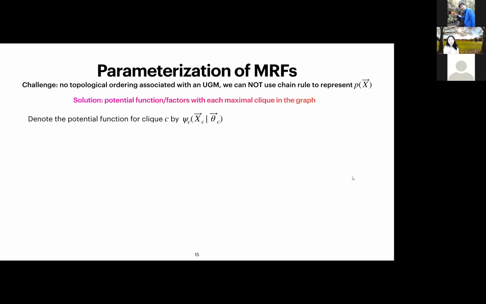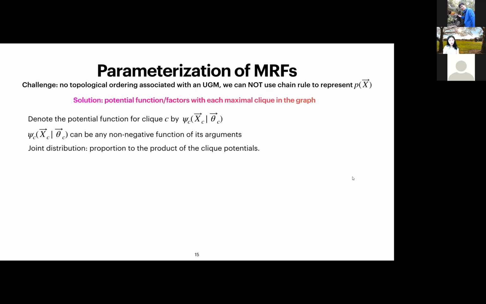So psi c of x c conditioned on theta c. Okay, so this is for a clique c. Now the psi c can be any non-negative function of its arguments. So it's a function with respect to theta c, but it's trying to characterize some kind of potential for these x c. So x c is a set of random variables within that clique.